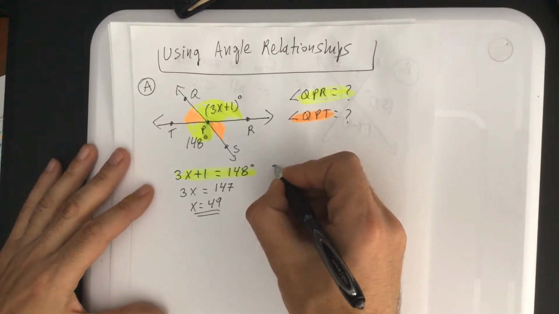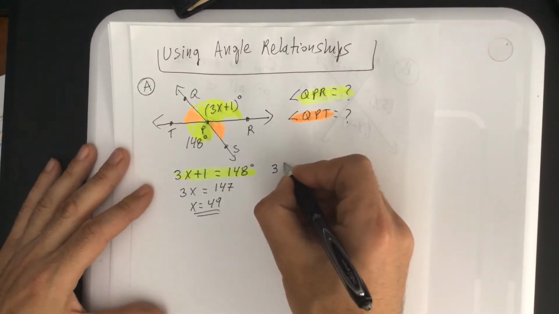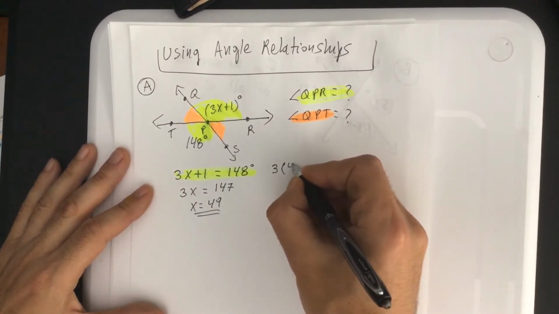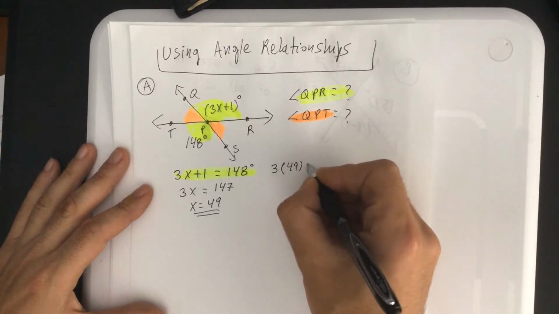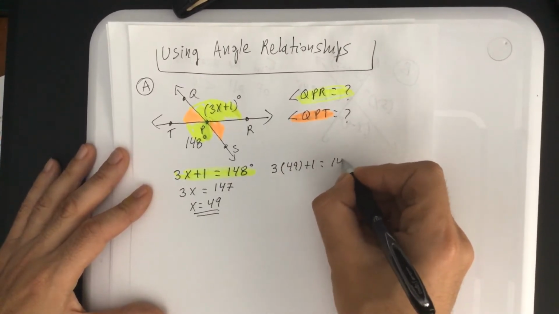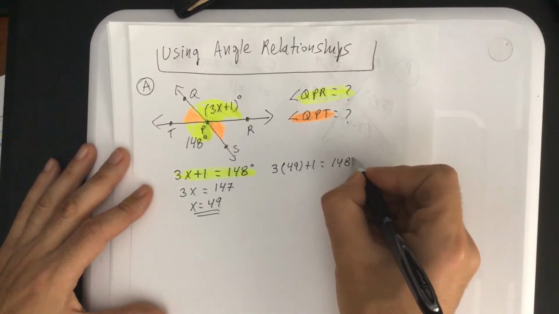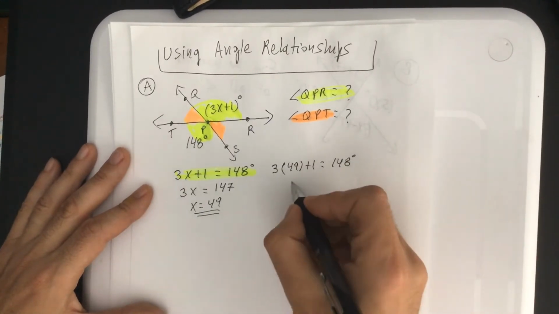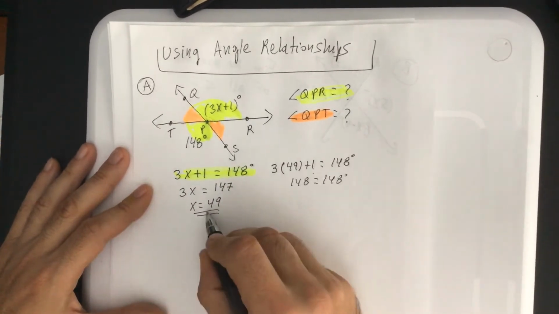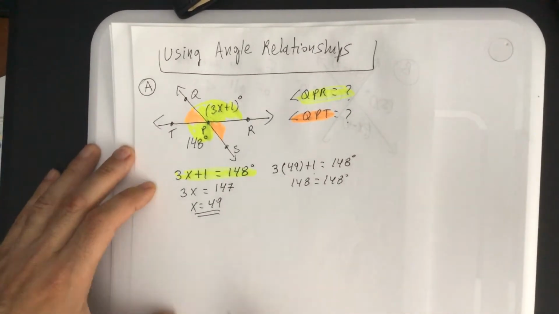So 3 times 49 plus 1 should be equal to 148 degrees. And if you do it, you got it right. Okay, so it works. That's the x, so it is the right value there.